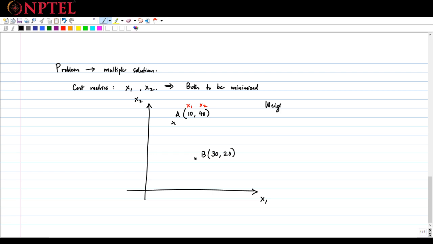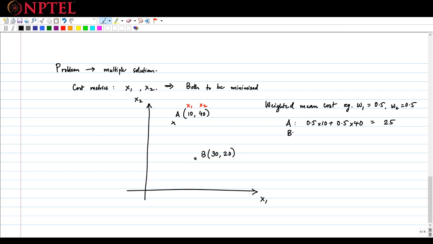What I mean is, I'm going to take some kind of a weighted mean cost. So the weighted mean cost, if the weights W1, let's say, is 0.5 and W2 is 0.5, meaning equal weightage for both, what we are basically going to see is 0.5 into 10 plus 0.5 into 40, and this is going to be equal to 25.